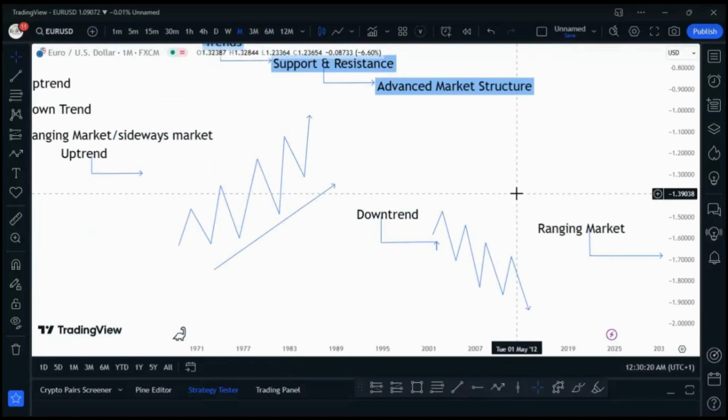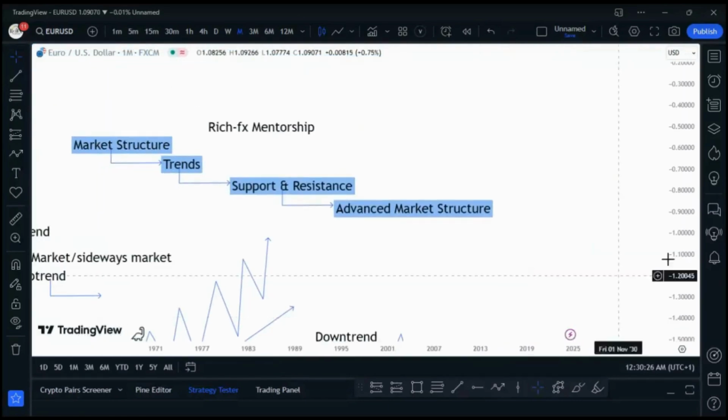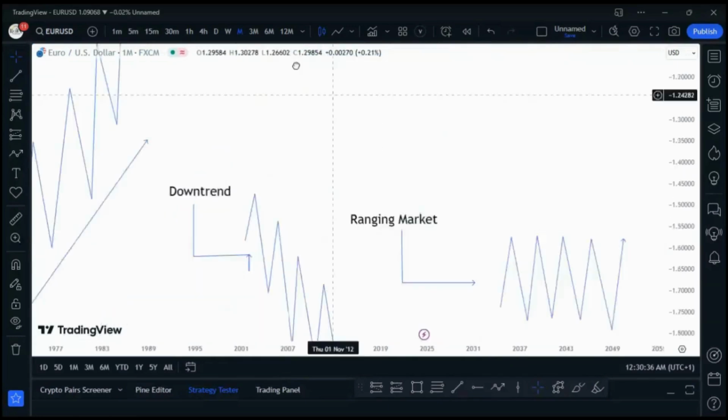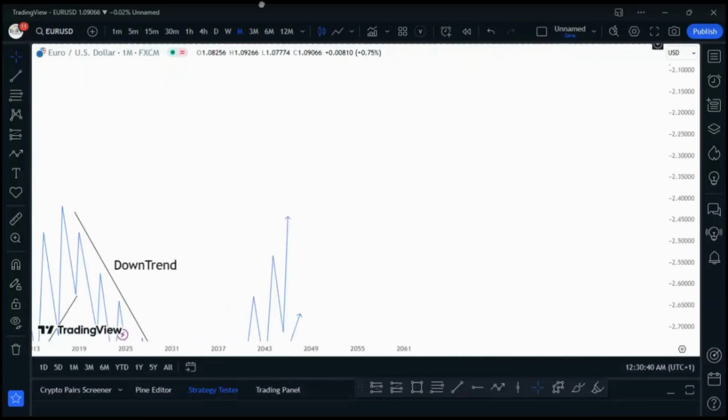It hinders their growth and they end up losing a lot of money to the financial market. This will be explained clearly to you all, and this is where support and resistance come into play.